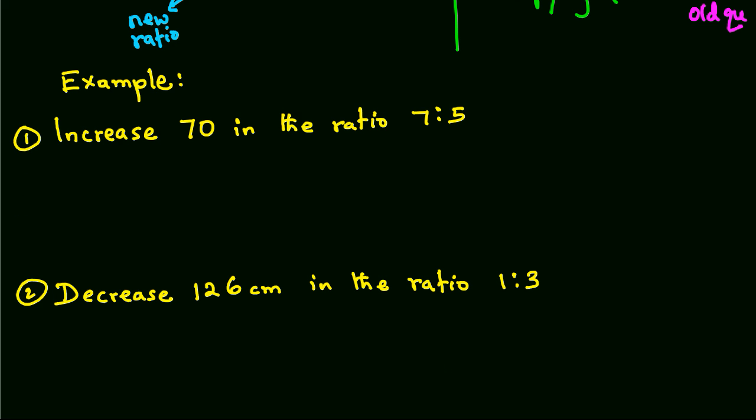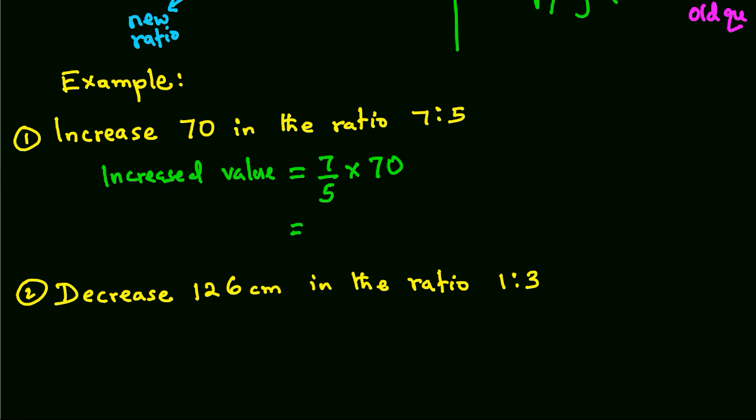Now, in our first example here, we want to increase 70 in the ratio 7 to 5. So in this case, the increased value will be equals to the multiplying factor, which is 7 over 5 times 70.